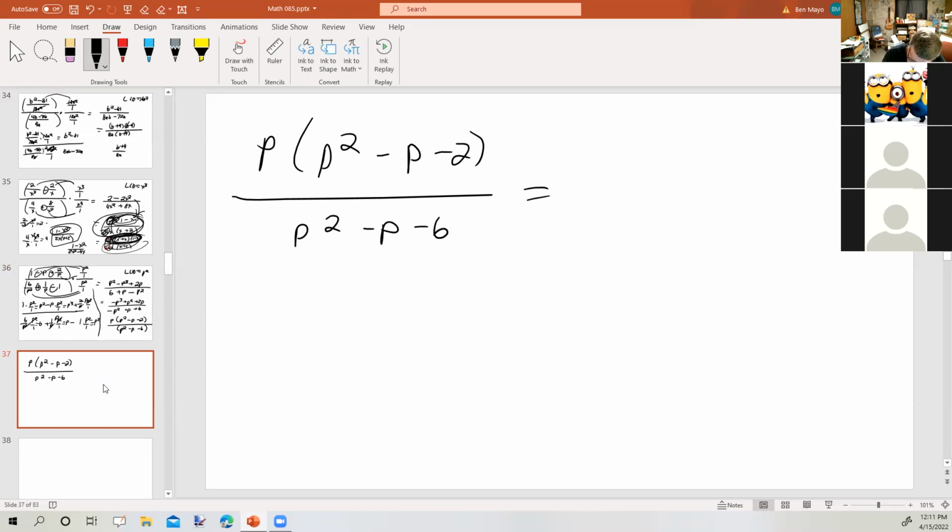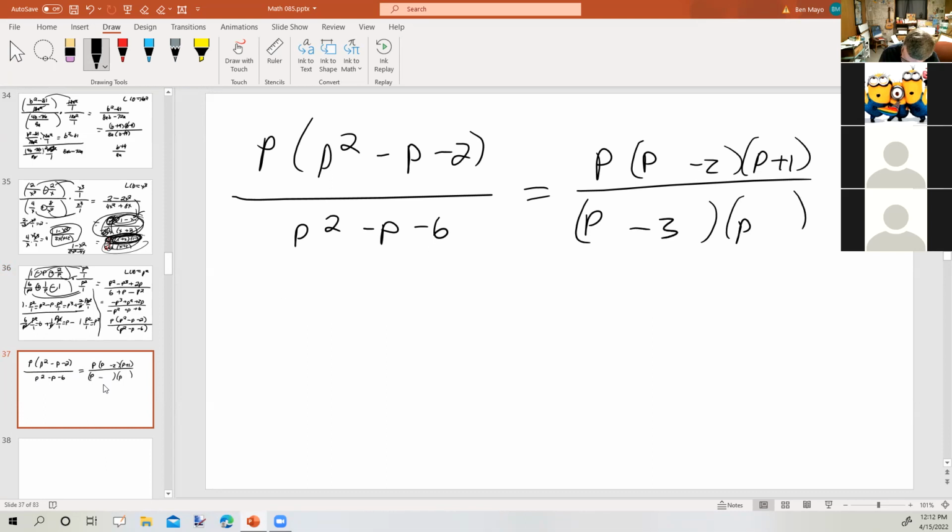And now let's see if I can factor things. That's going to be a p and a minus 2 and a plus 1. That's going to be a p and a minus 3 and a plus 2. But nothing cancels.